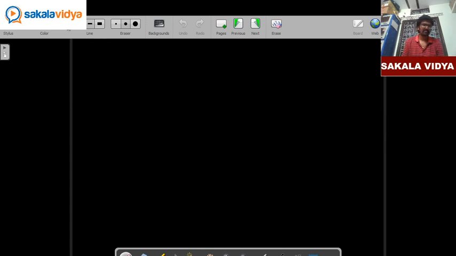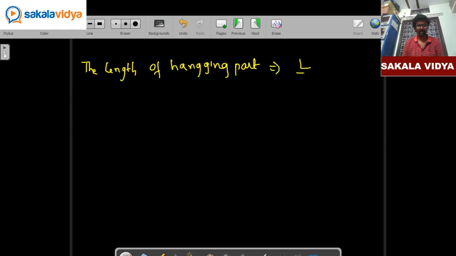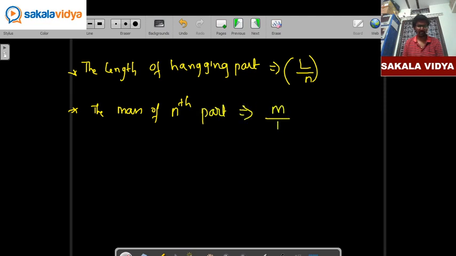So remember guys, the length of the hanging part will be L by n, and the mass of the nth part which is hanging will be m by n.